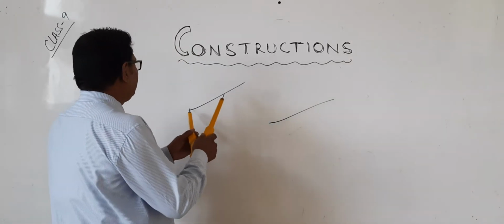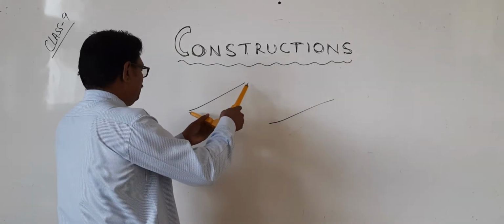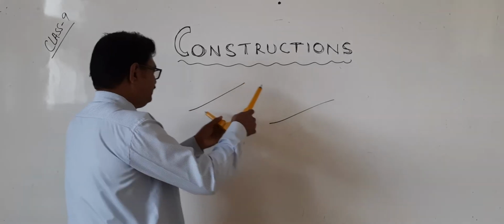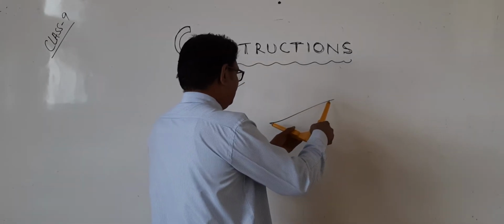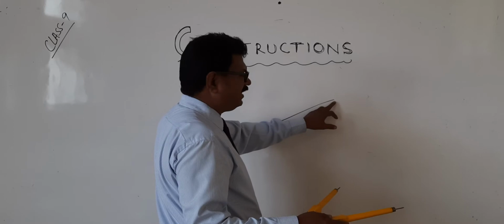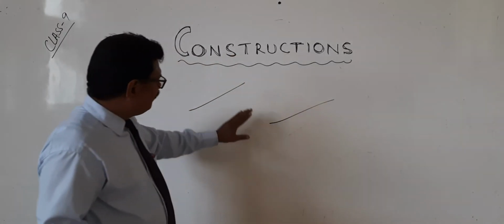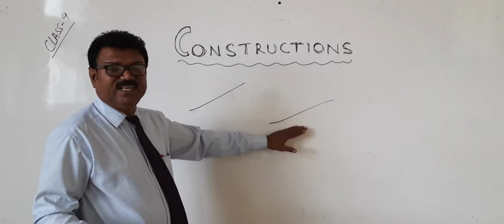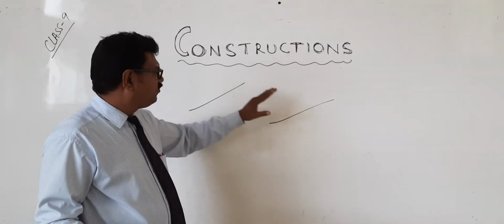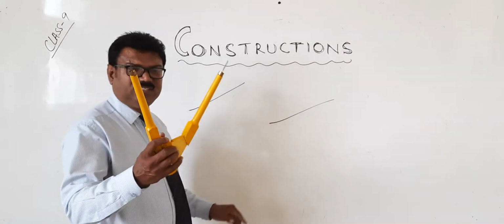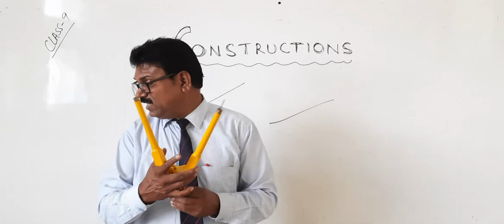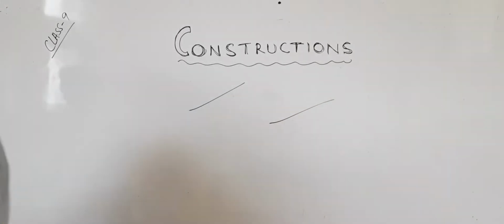At that time, we can measure like this, approximately. Still this line is greater, compared to this line. Therefore this line is smaller. This is the divider.